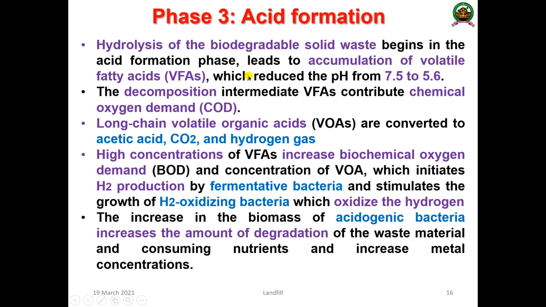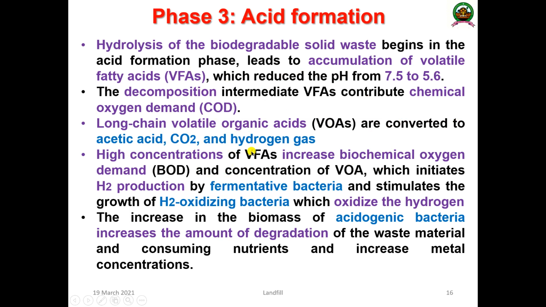Then the decomposition intermediates of volatile fatty acids contribute to the chemical oxygen demand. The long chain volatile organic acids are converted to acetic acid, carbon dioxide and hydrogen gas.